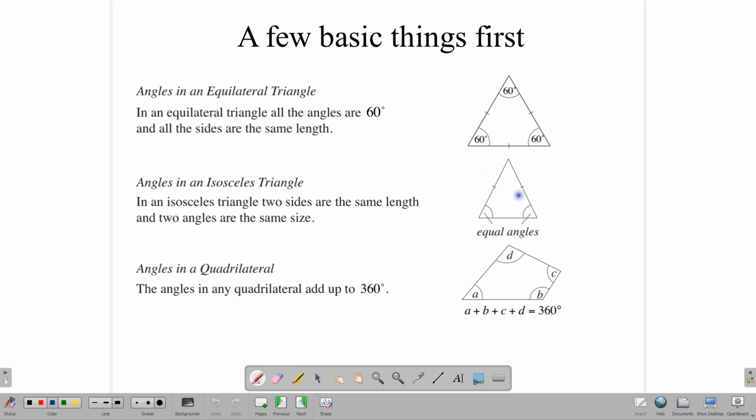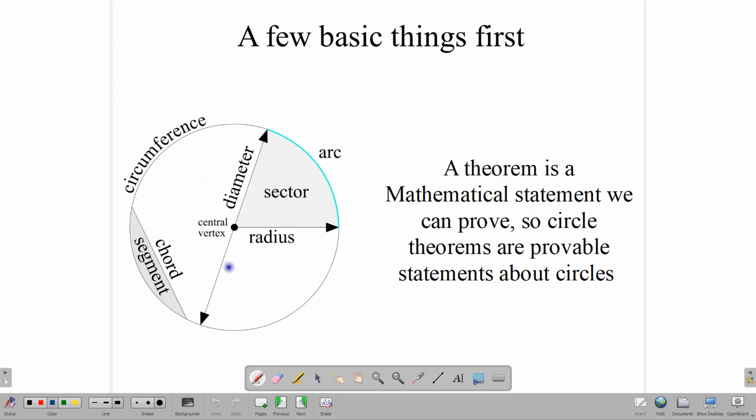So this side and this side are equal. These two angles relate to them, and so they are equal. And angles in a quadrilateral measure 360 degrees. So all these little things are important when it comes to dealing with and making the most sense of circle theorems.